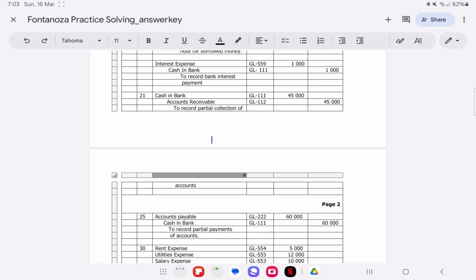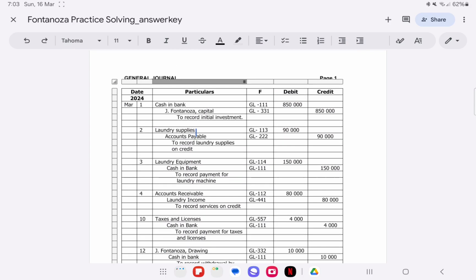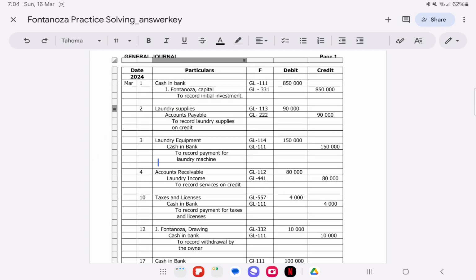Then, since nibayad magkag partial, so kuhaon nimo tong imuhang accounts payable nga ni-promise ka para mamaynusan ang imuhang utang.